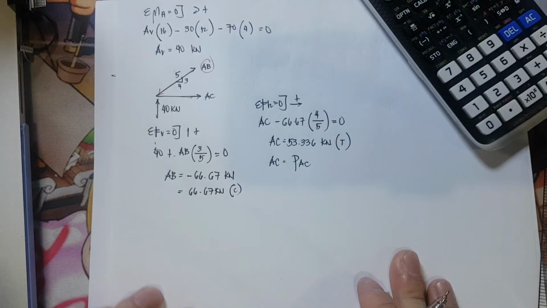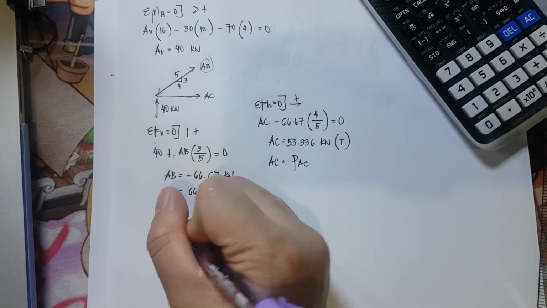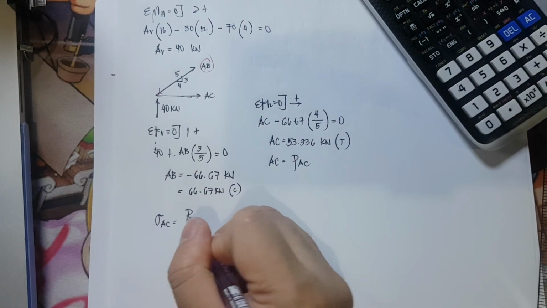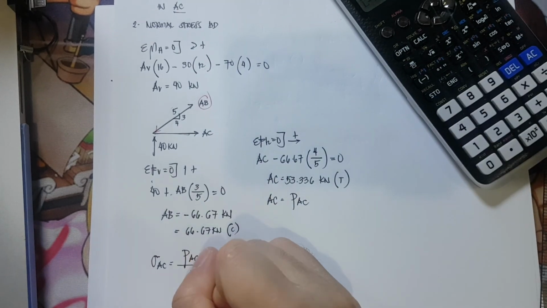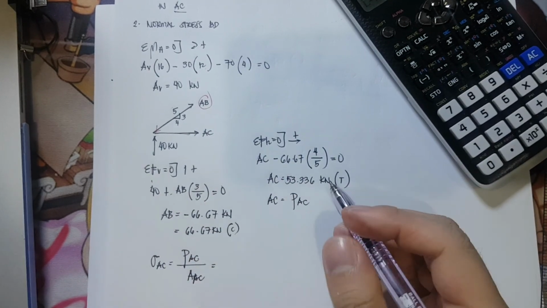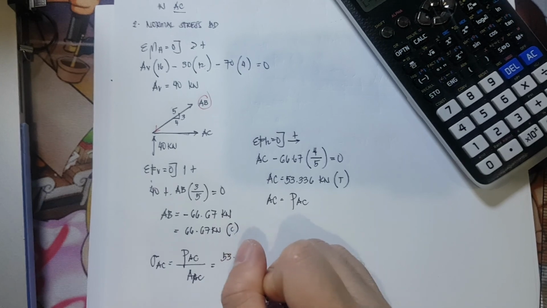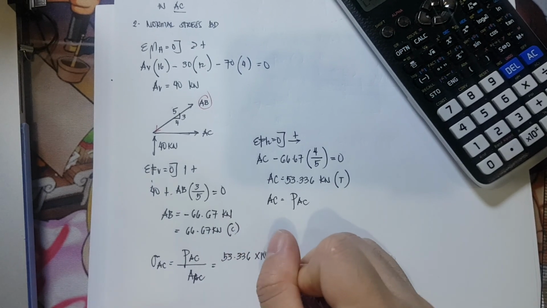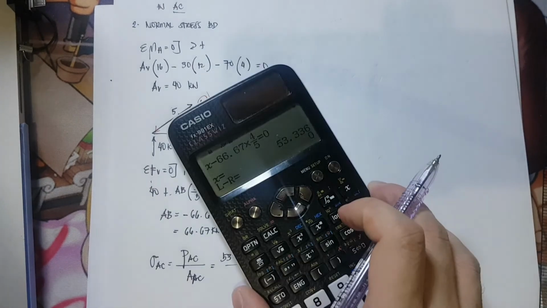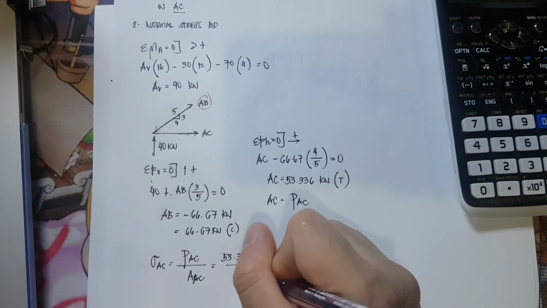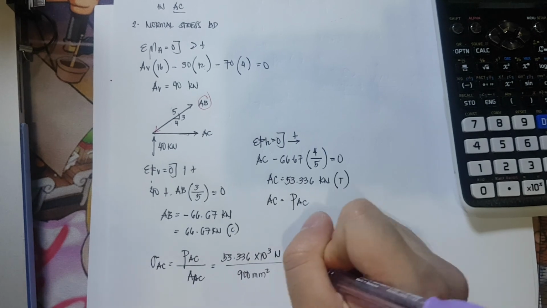To solve for the stress, the stress along AC is equivalent to the force AC divided by the cross-sectional area of member AC. So that is 53.336 times 10 raised to 3, in Newton, divided by the cross-sectional area of 900 mm squared.